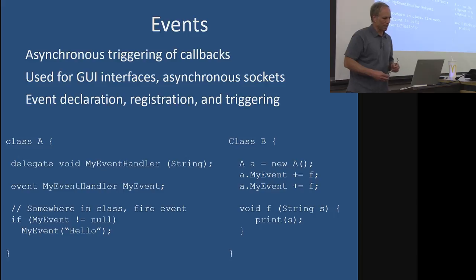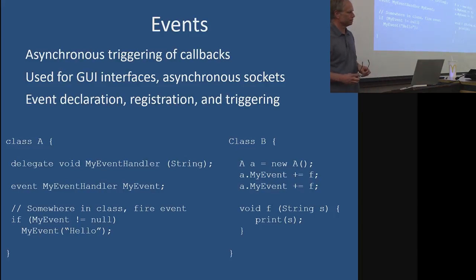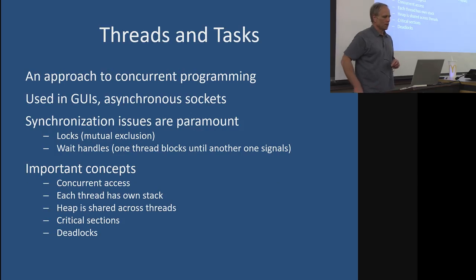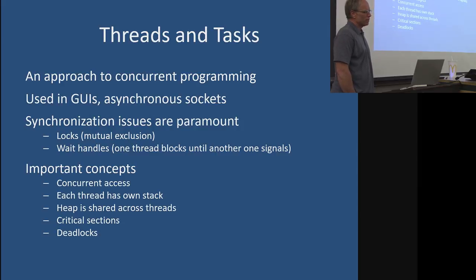Okay? So we talked about events, another use of delegates. Just things that asynchronously trigger calling. So know what an event is. We spent a lot of time talking about threads and tasks. It looks like the await async pattern didn't show up on here.